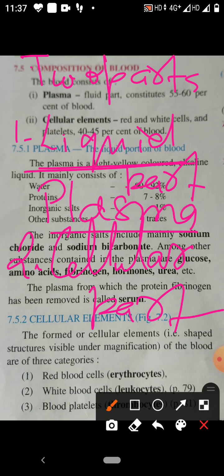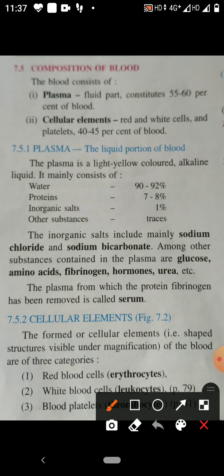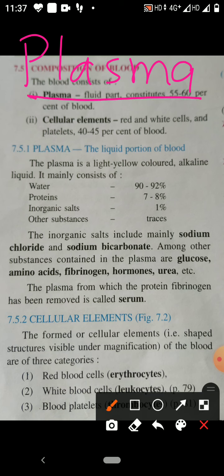So what is plasma? You have to write plasma. Plasma is the liquid part of the blood.